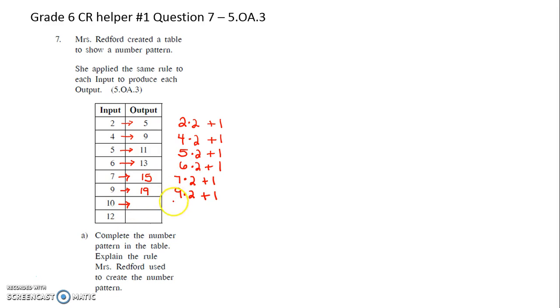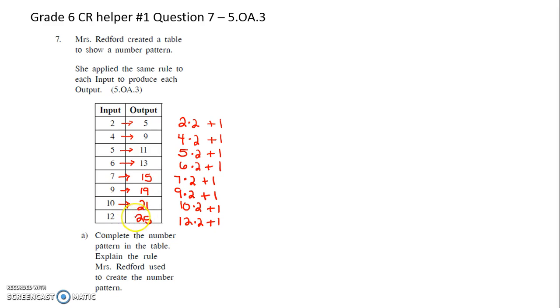I'll go to 10. 10 times 2 is 20, and 1 more is 21. Then I'll go to 12. 12 times 2 is 24, and 1 more is 25.